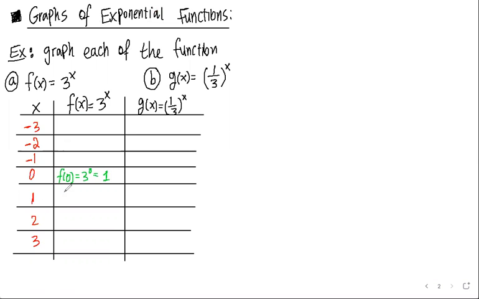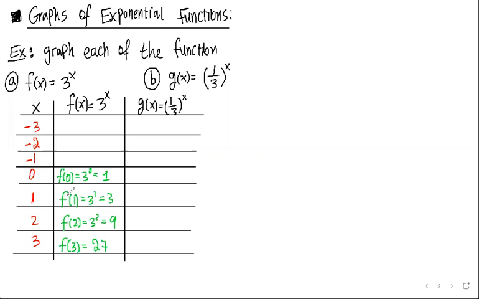What is f of 1? 3 to the 1 is 3. What is f of 2? 9. And the last one, f of 3, is 27.